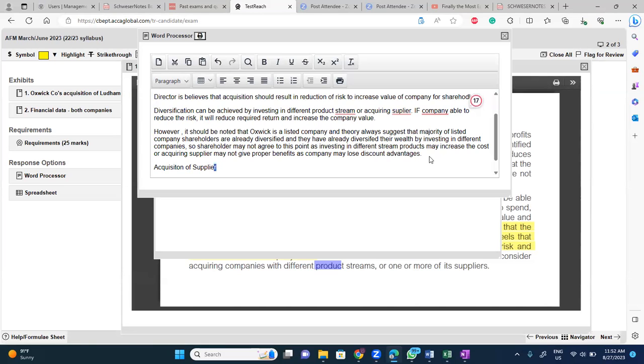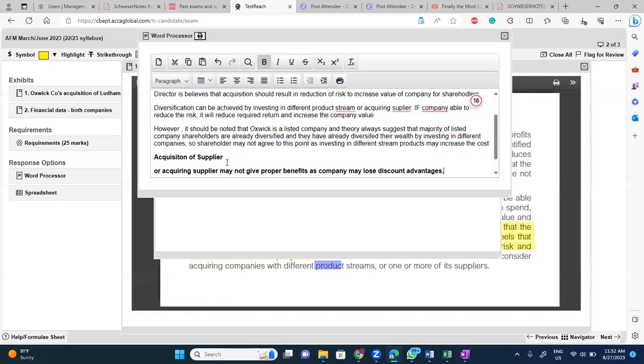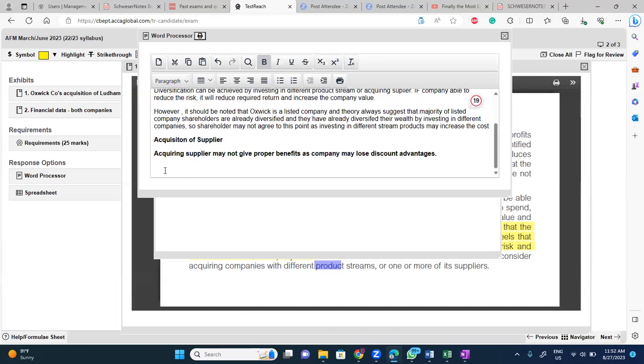Make a heading and write this last line here: acquiring a supplier may not give proper benefits as the company may lose discount advantages.